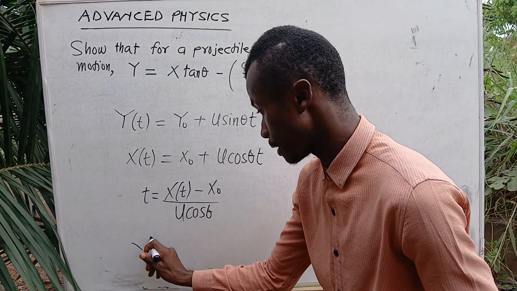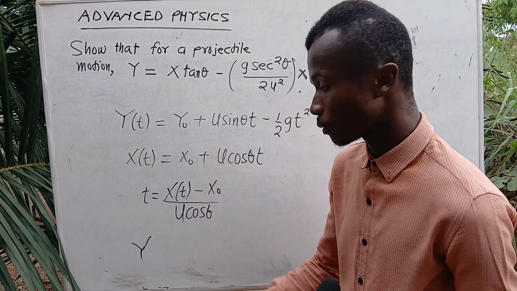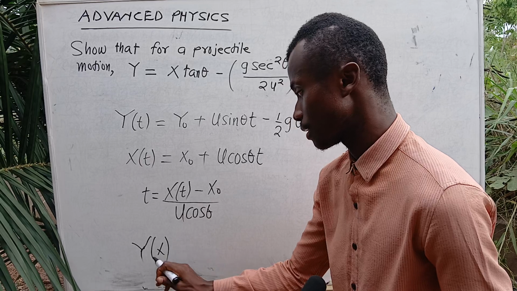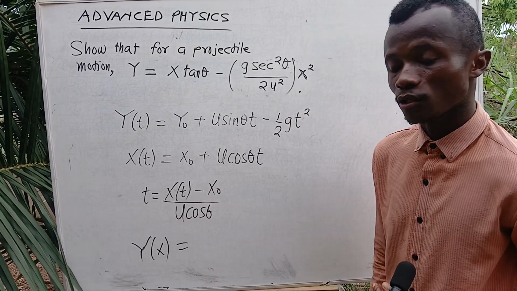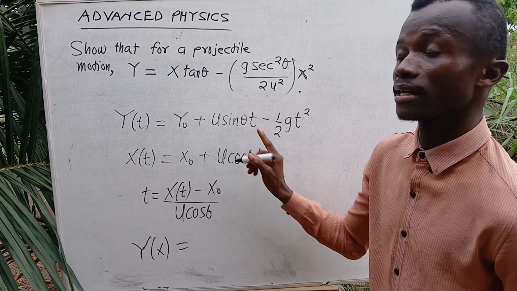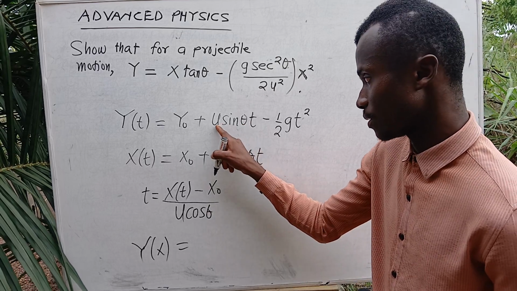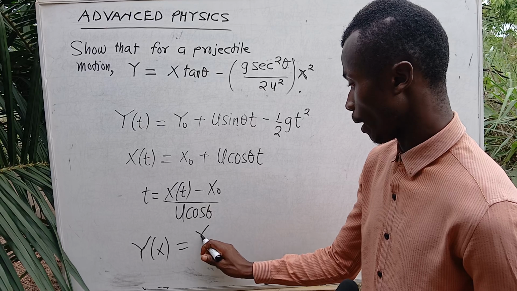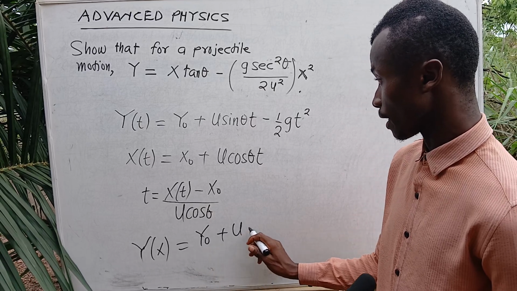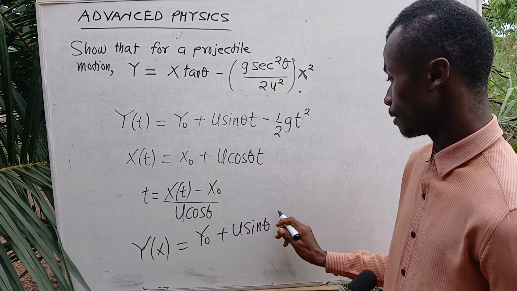So we have y, simply y, which will now be a function of x, at a constant theta and at a constant initial velocity, is equal to y naught plus u sine theta times time.